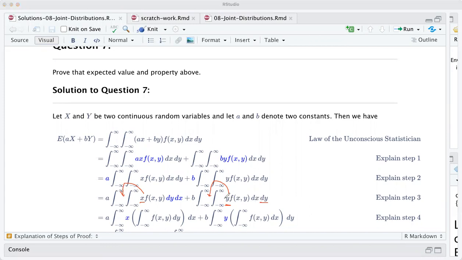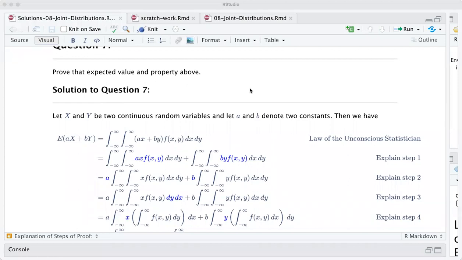So this term y over here is constant as far as this first integral goes. So I can pull it out in front and get a y outside of that first inner integral. And the same applies for x over here. And notice here, we changed the order of integration around so that we can pull this x out from inside the integral, which is with respect to y. Let me clear all of these drawings.